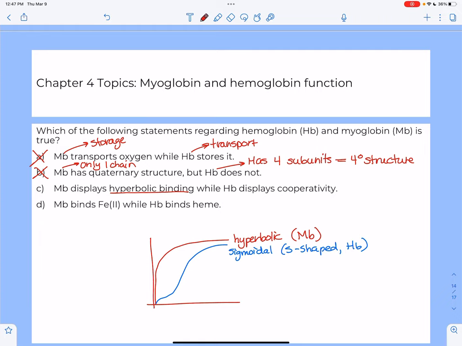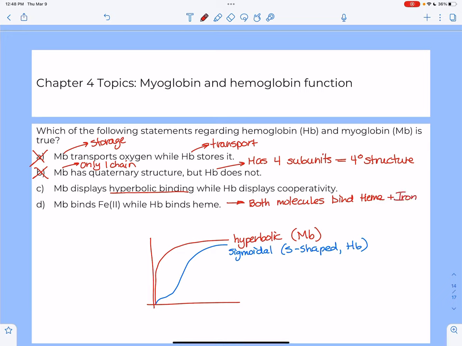Okay, so myoglobin binds iron, while hemoglobin binds heme, right? What do we know about myoglobin and hemoglobin? One hemoglobin subunit looks exactly in its overall structure like a myoglobin. So, we know that both molecules bind heme, and the heme has iron in it, right?